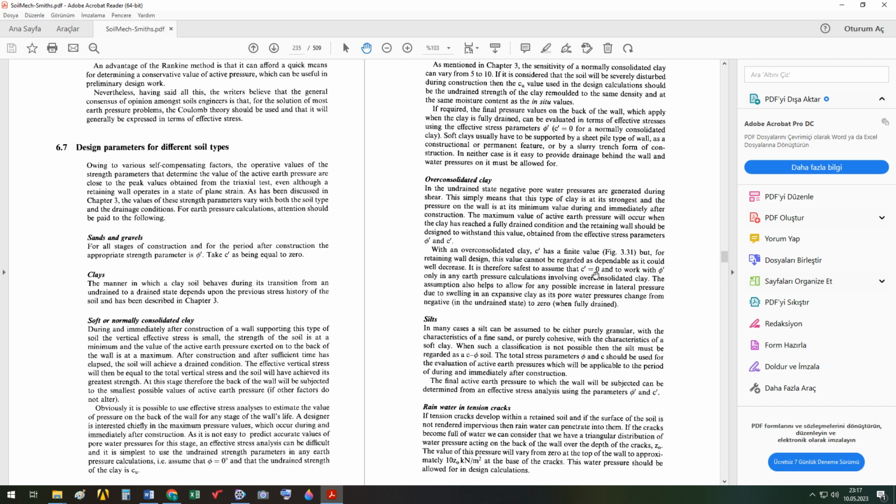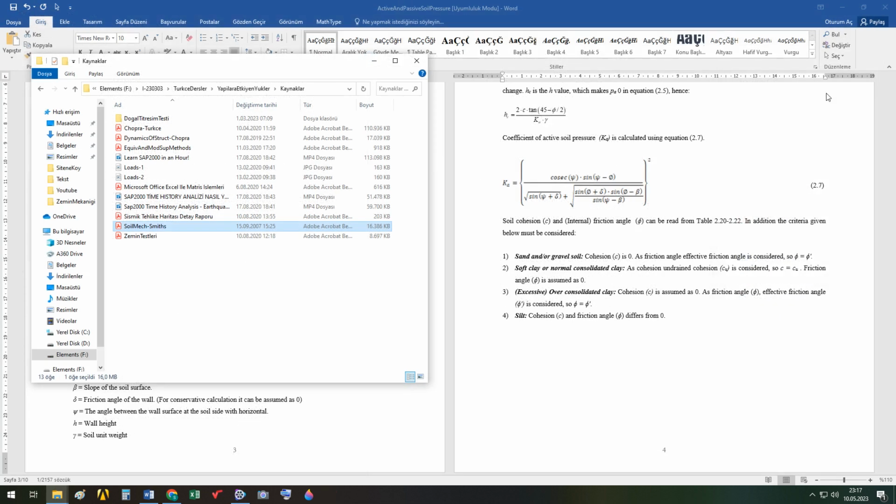It's conservative to assume cohesion as 0 for over consolidated clay, conservative.